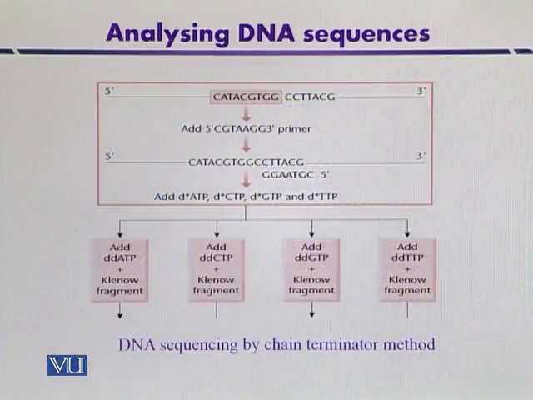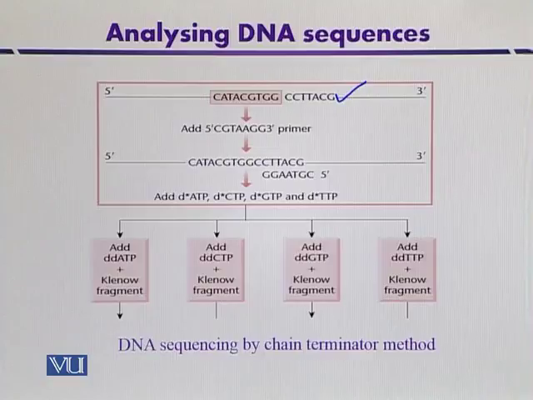So this is the basic procedure of the chain termination method. Suppose this is the DNA fragment that we want to sequence, and here we have a primer that is complementary to this 3' end. This is the primer that we will add, and this is the target sequence that we will elucidate in order to get the nucleotide base order.